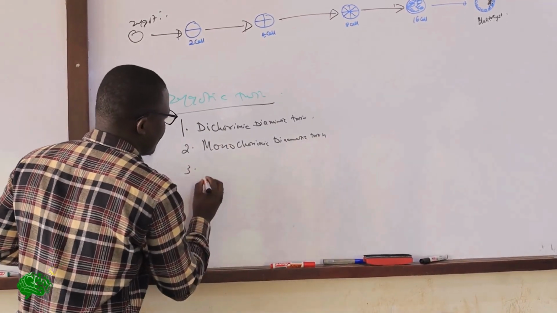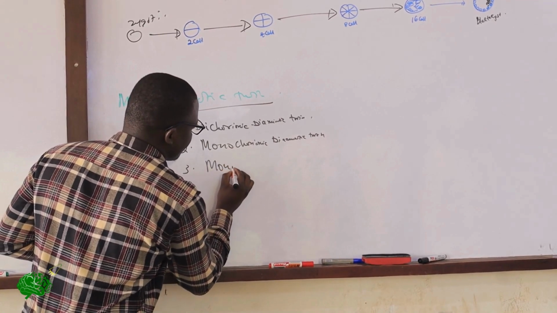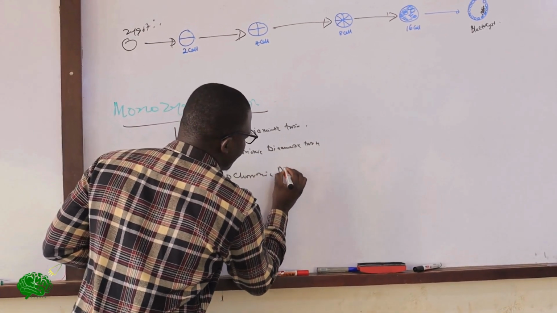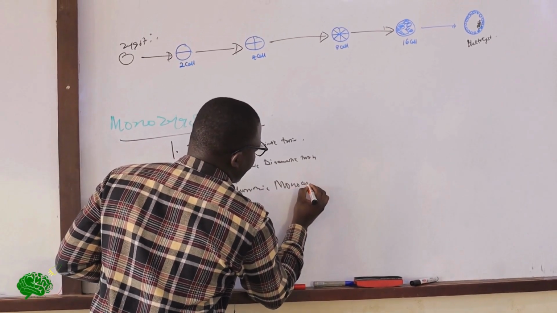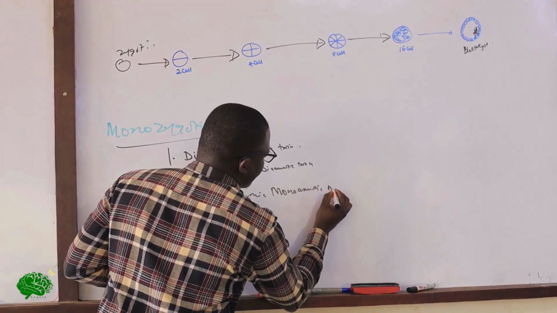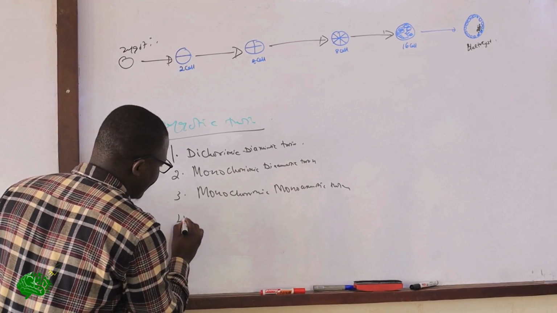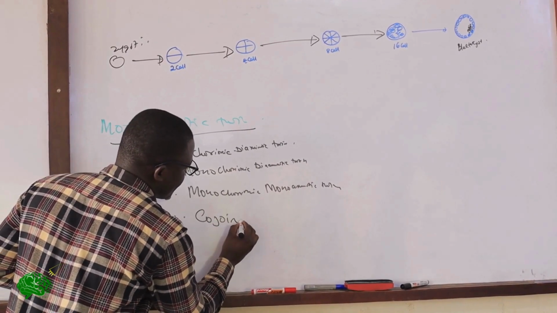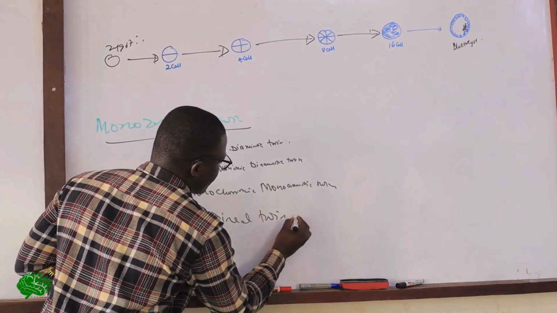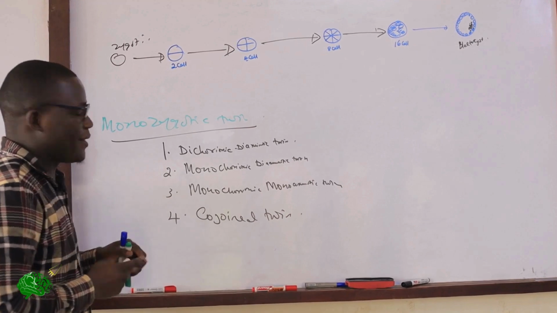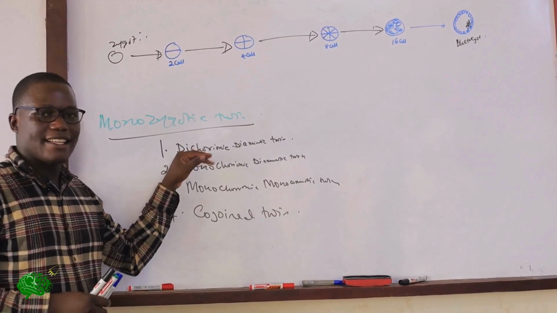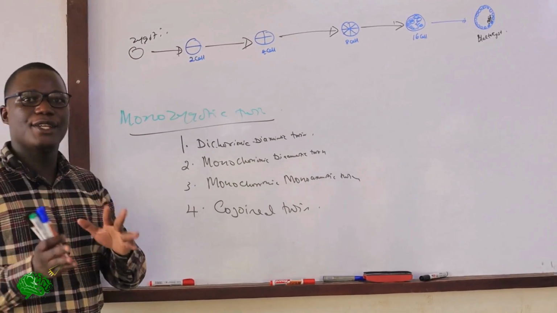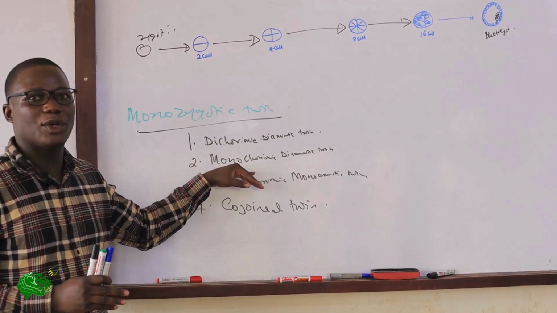The third, we have what we call monochorionic, monoamniotic twins. And then finally, we have what we call the conjoined twins. As I already mentioned, these twins result from splitting of the embryo into 2. In other words, these twins are actually clones.